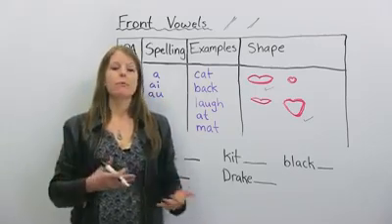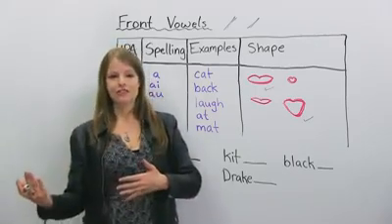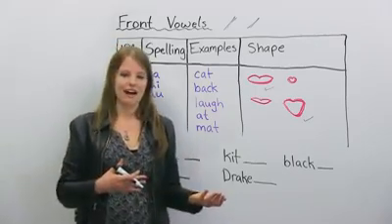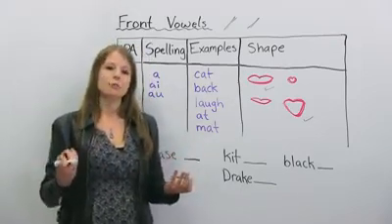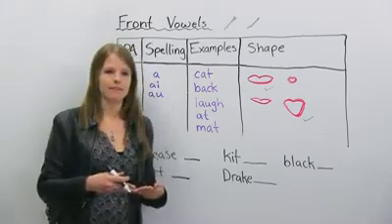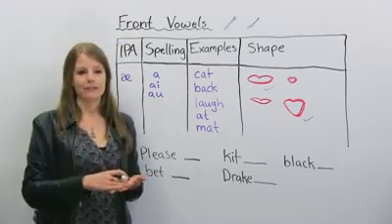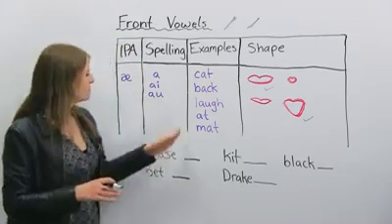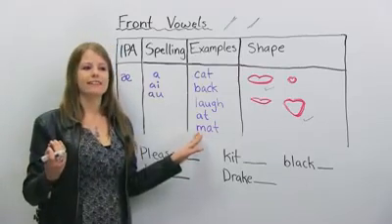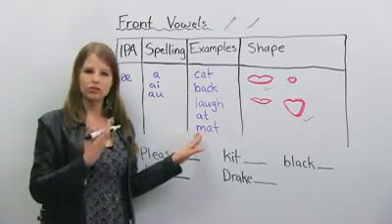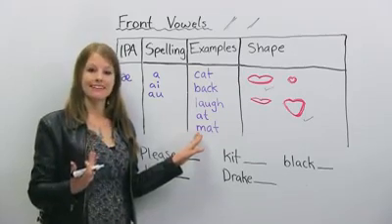These vowels are found in both North American English and British English. So whatever English you're learning, you will find these vowels in both of them, or in many different dialects of English. Another thing I wanted to say is that it's very important to actually watch what you're doing with your mouth when you're practicing.